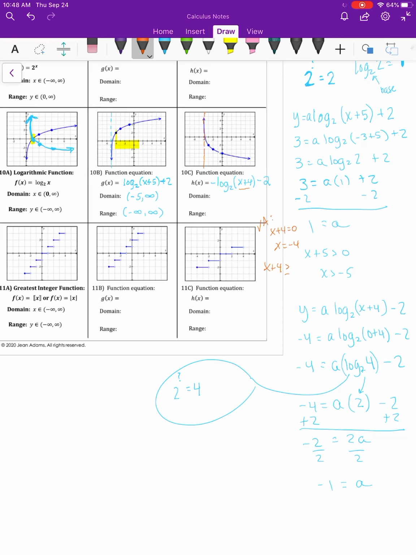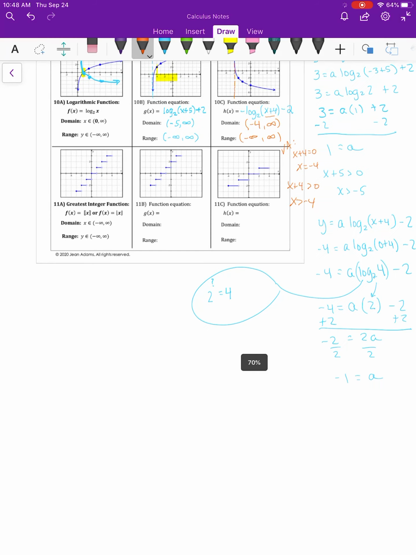We want our domain, and we know that it has to be greater than 0. So x has to be greater than negative 4. So that makes our domain negative 4 to infinity. And our range is going to be negative infinity to positive infinity.